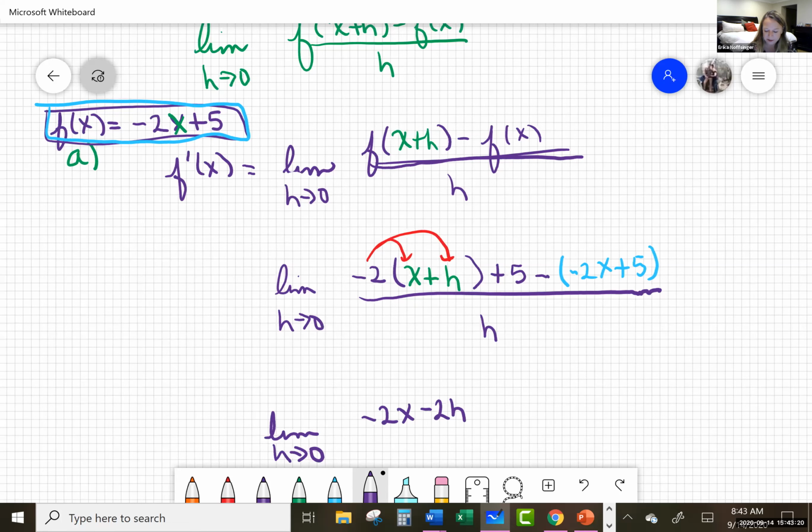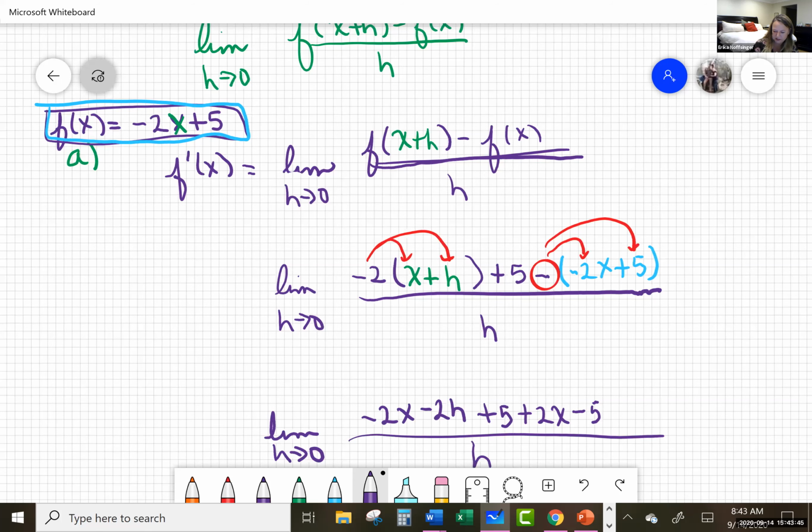Let's bring down that plus 5. And then let's distribute the negative outside. Distribute it to the negative 2x plus 5. So distributing the negative there, we get actually plus 2x, and then minus 5. And this is all over h.